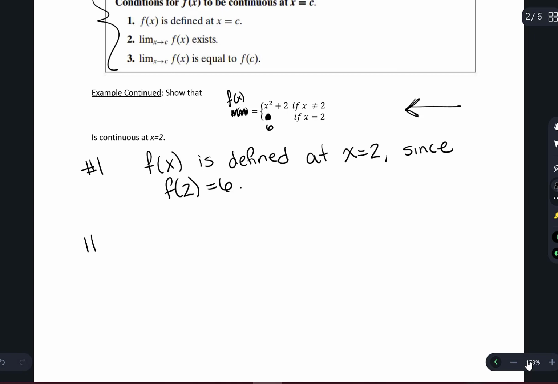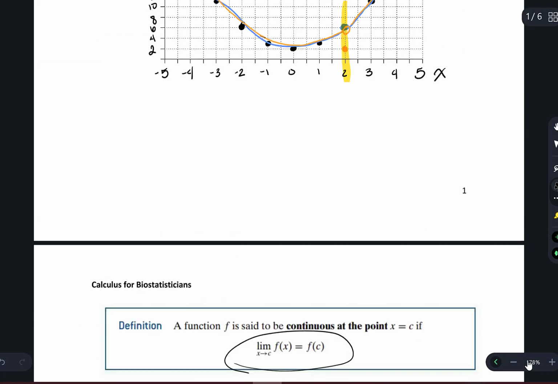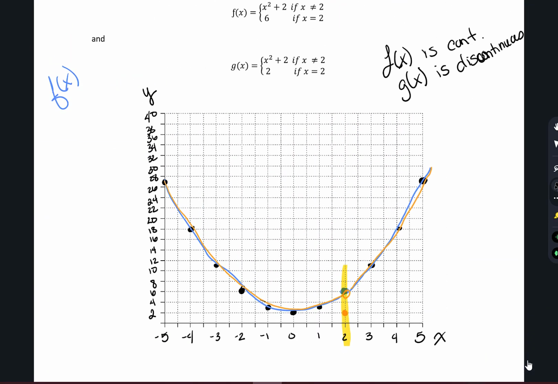All right, number 2, we need to show that the limit exists. So we want the limit as x approaches 2 of f of x. And I claim that that does exist. We could use methods that we've seen previously, but to make that argument, we can just look here at the plot.